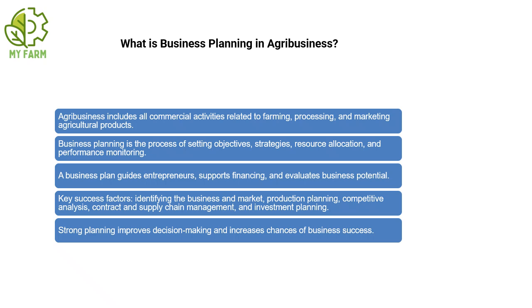A business plan guides entrepreneurs, supports financing, and evaluates business potential. Key success factors: identifying the business and market, production planning, competitive analysis, contract and supply chain management, and investment planning. Strong planning improves decision making and increases chances of business success.